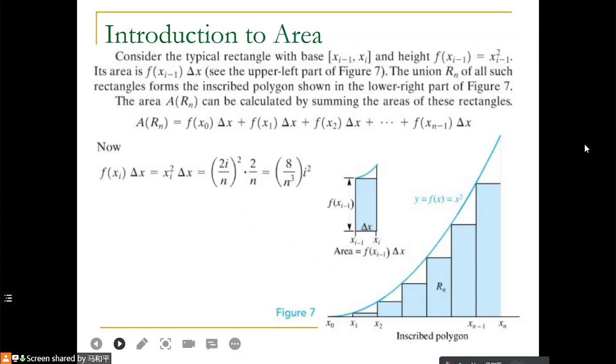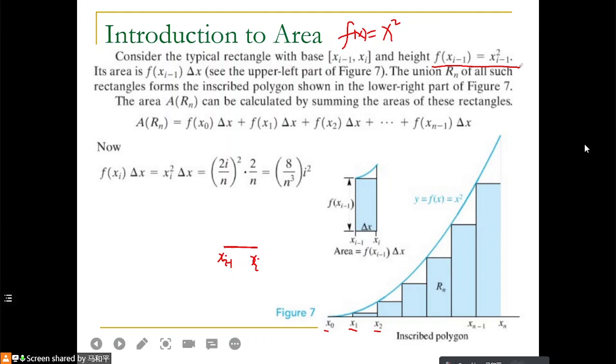And then we consider the typical rectangle with base x(i minus 1), xi. Consider this is x0, x1, x2, and xi. If I write x(i minus 1) here and xi here, the base is x(i minus 1) to xi, and the height is f(x(i minus 1)). f(x) is equal to x squared, so f(x(i minus 1)) is x(i minus 1) squared.